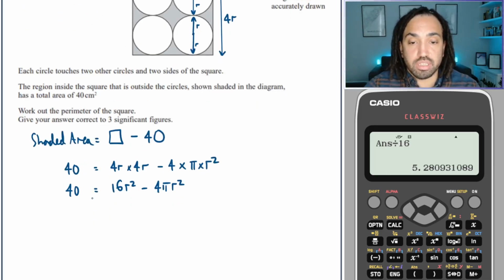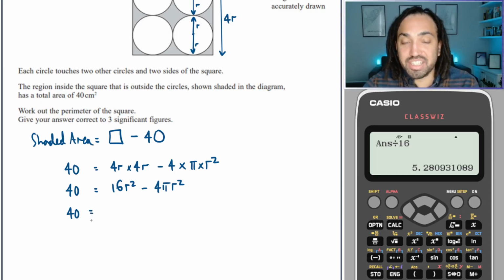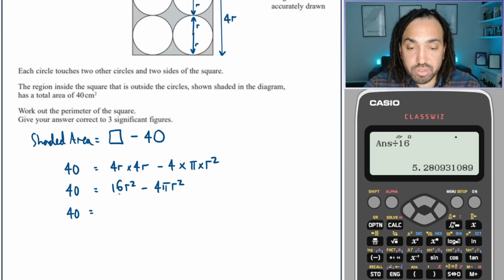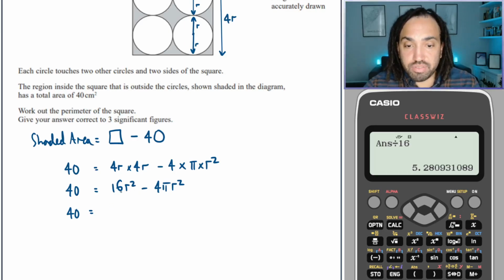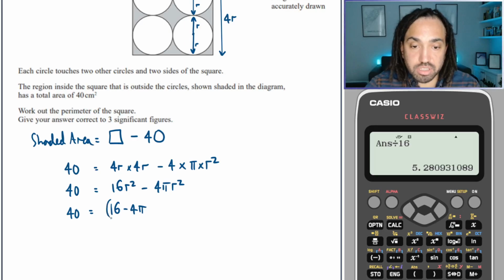Okay, so in a situation like this, what am I trying to say here? The purest way of doing this, rather than just working out the value of whatever 16 minus 4 pi is, we can actually factorize here. So it looks like this.